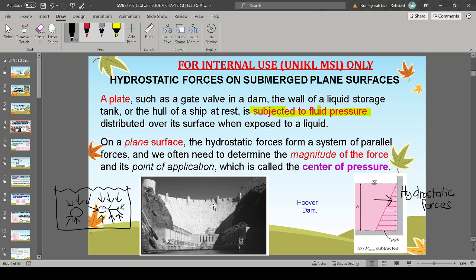We know that dams are built with walls that are very thin at the top and get very thick as you go to the bottom. This is because at the very bottom of the dam the pressure is really high, so it needs a very thick wall to sustain the load without breaking apart.